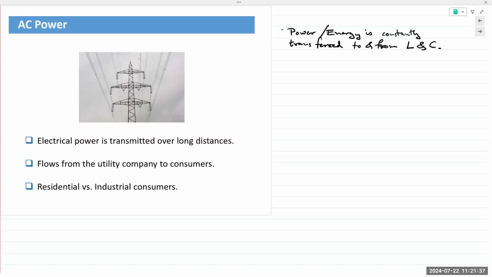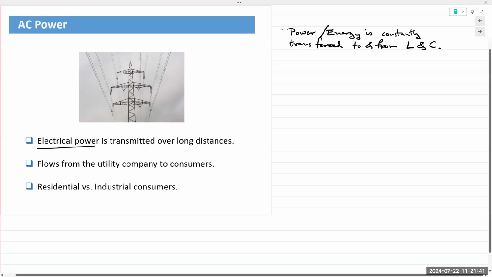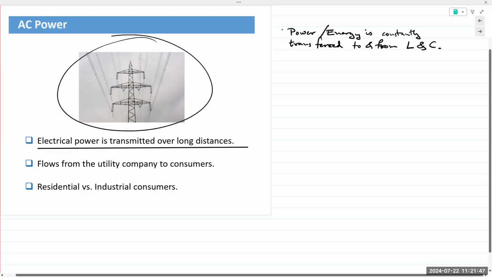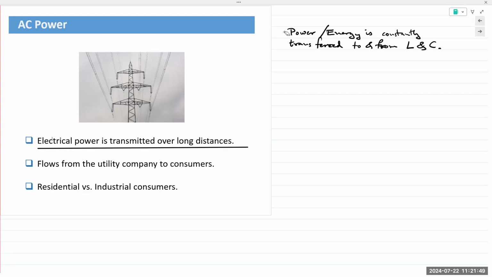So here's what happens in real life. Real life electrical power is transmitted over very long distances, right? You all have seen long distance transmission lines that look like this. Now, at the consumer's end, we have electric machines.